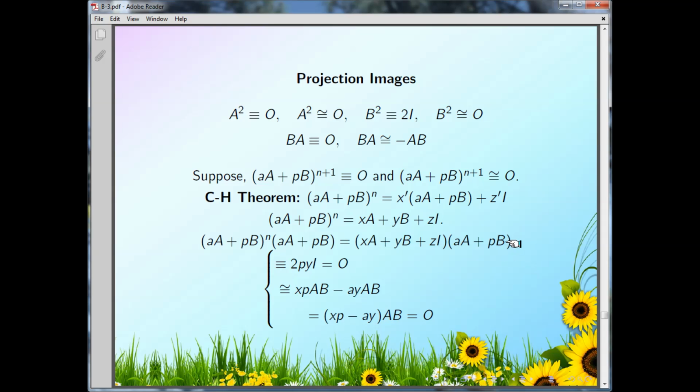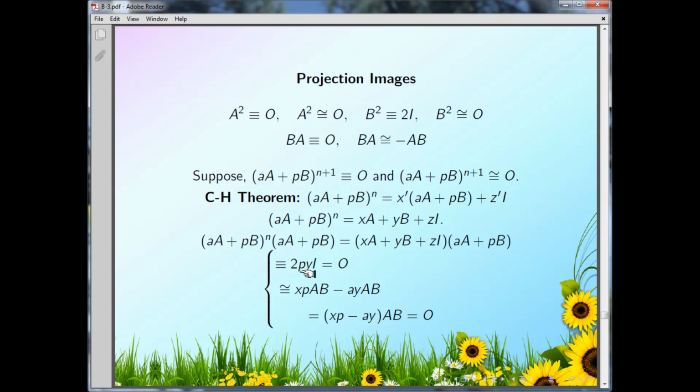B squared does not have an AB component. BA has a negative AB component. And the next ones, IA and IB, have no AB component. So these two conditions now simply translate to 2py being 0 and this scalar times AB being 0. So both of the scalar coefficients must be 0.